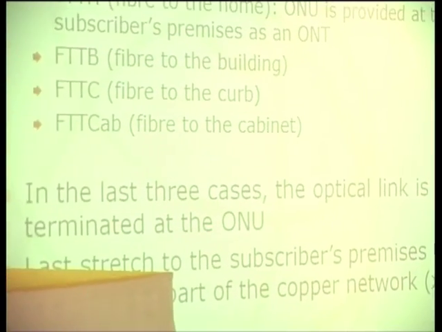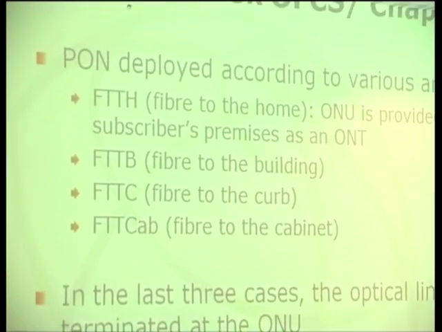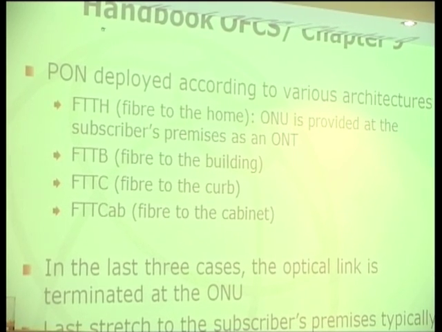The PON standardization and deployment started after a period in which other architectures to have the fiber very near to the homes had already been studied and in some cases deployed.